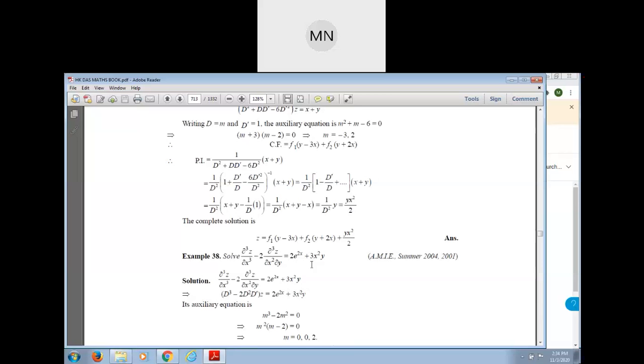Del cube z divided by del x cube minus twice del cube z divided by del x square del y equals twice e to the power twice x plus thrice x square y.